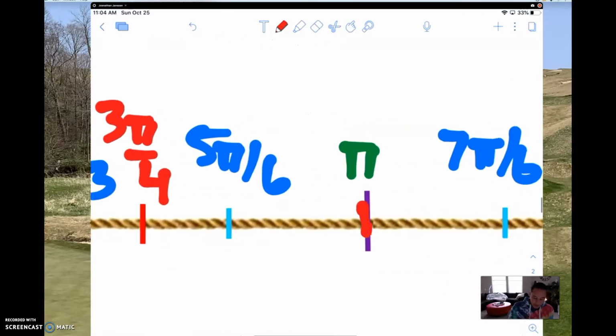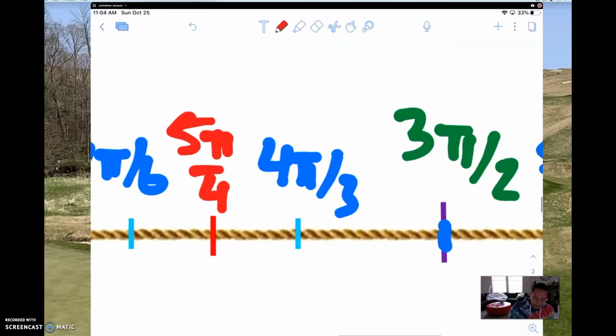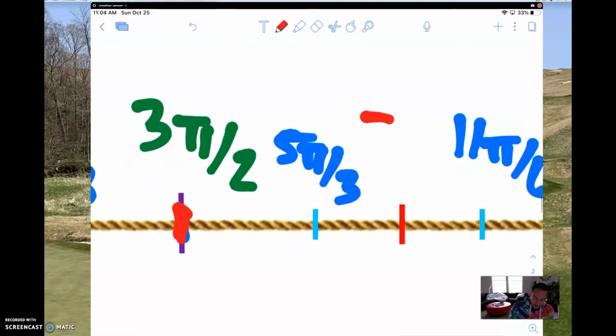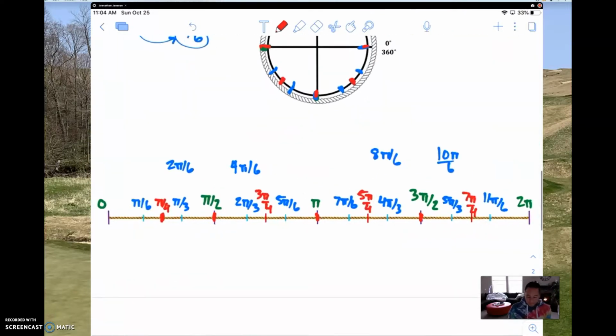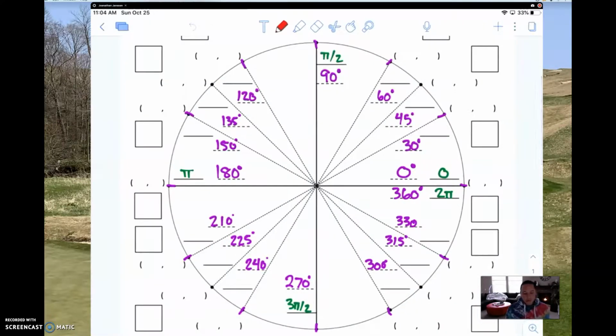Then we're at 4 pi over 4, but then the next one is 5 pi over 4, and then 6 pi over 4, and the last one is 7 pi over 4. And that should give you a visual of everything that's going on as far as the unit circle. So let's go back to our unit circle, and we'll fill all these in.